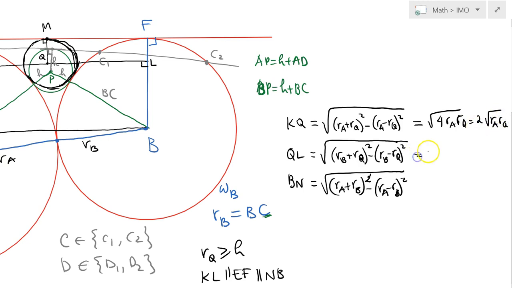In a similar way, this one is 2 times the square root of RB RQ, and this one comes out as 2 times the square root of RA RB.